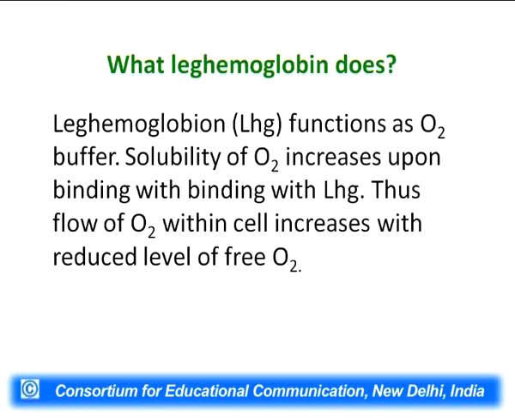Similarly, suppose in a whole cell there are lots of hemoglobins and the peripheral areas are exposed to oxygen. So, in a cell when the peripheral area is getting oxygen, leg hemoglobin in the periphery of the cell will bind with the oxygen. So, what happens?